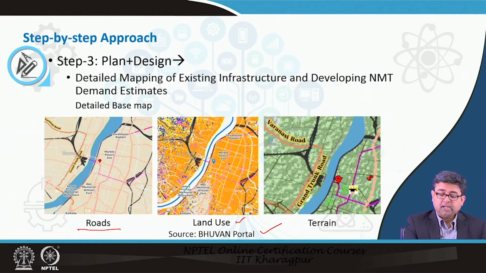The land use is in different colors here, the orange color, the different purple colors, small yellow colors. So, that gives you the different land uses, and also you can understand what kind of a terrain you are in. So, all of these are now very readily available from the different portals that are usually handled by ISRO or some other agencies like that.